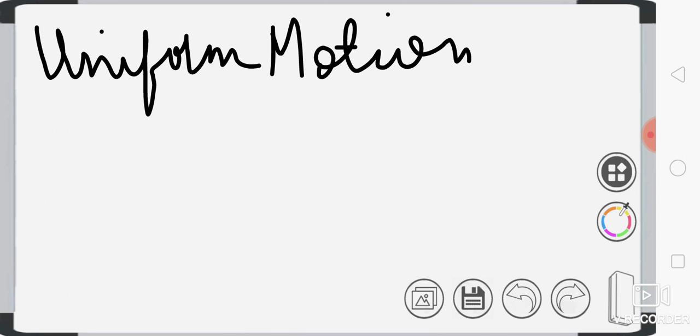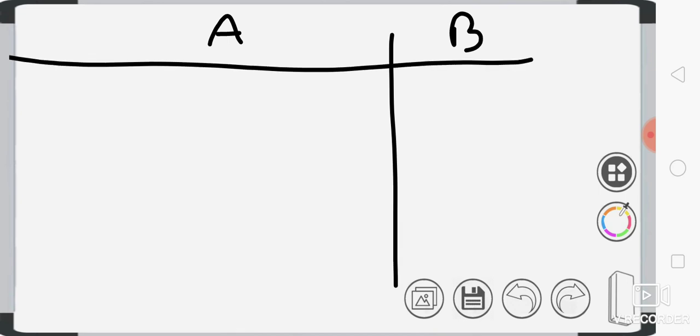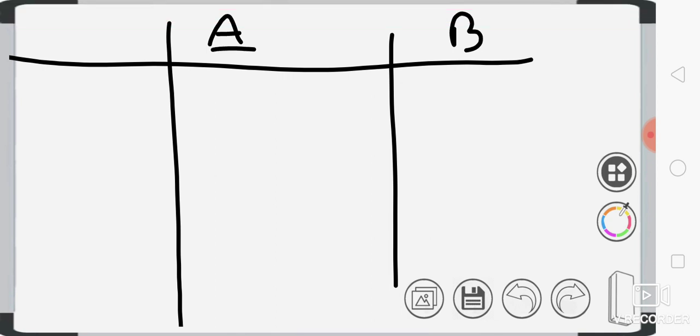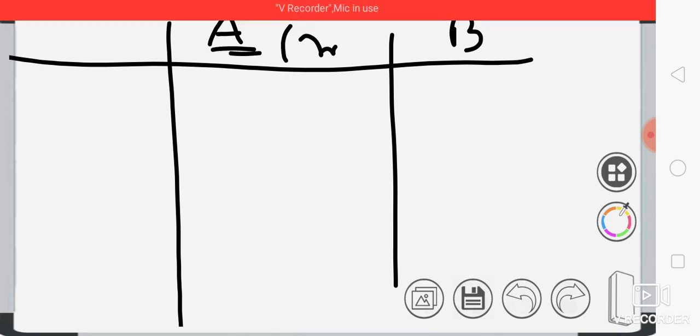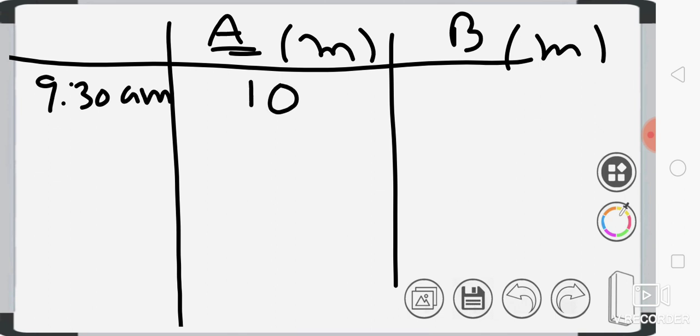So let us see, if I consider object A and object B. Here we will take A and B. If the distance traveled by object A, that is in meters, and the distance traveled by object B, again in meters, at 9:30 am will be 10 meters for A, and for B it will be 12 meters.